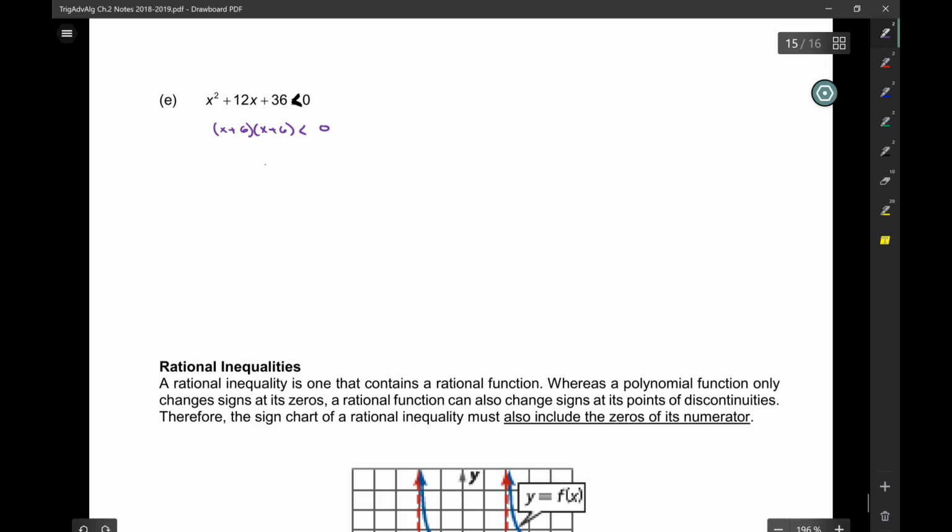You notice you can write this as x plus 6 squared less than 0. So from here, I get x equals negative 6, and I only have one number to put on my number line. For a number greater than negative 6, let's say 0, when 0 goes into here, I'll get a positive value.